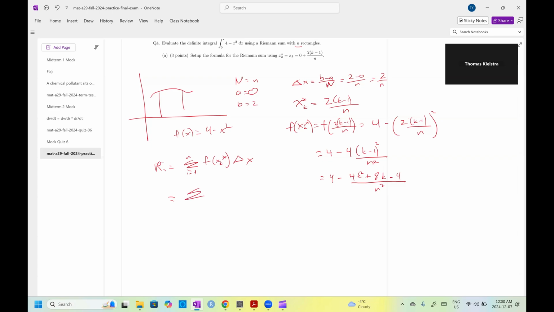So this equals the sum, k equaling 1 to n, of 4 minus (4k squared minus 8k plus 4) over n squared, all times 2 over n. And this is my Riemann sum.